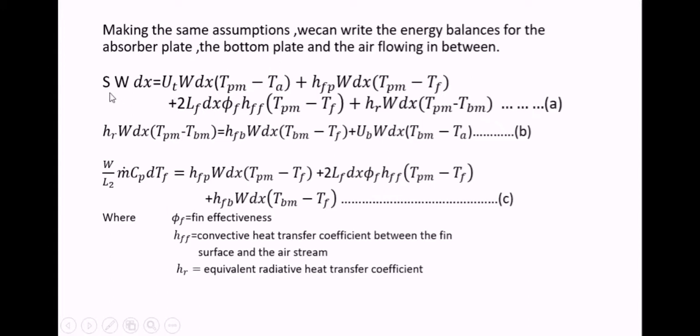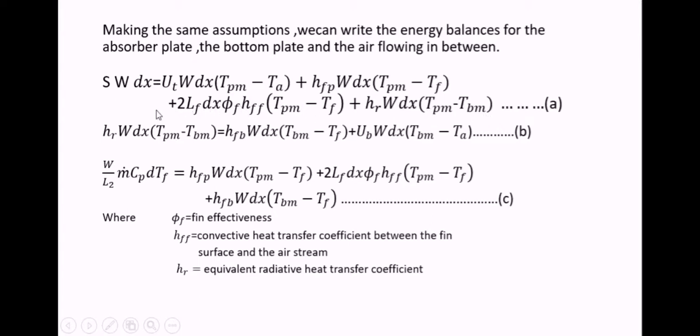For the absorber plate, S W dx is equal to UT W dx into TPM minus TA plus HFP into W into dx into TPM minus TF plus 2LF dx phi F HFF into TPM minus TF plus HR into W into dx into TPM minus TBM.